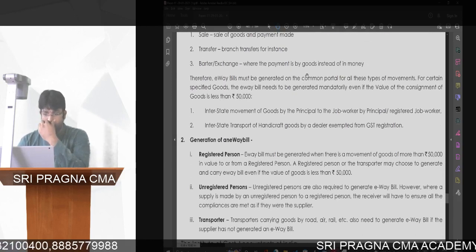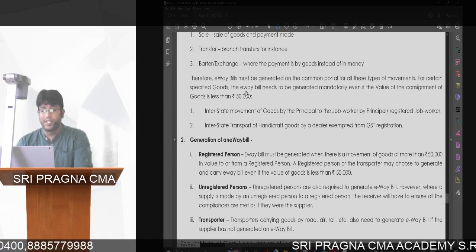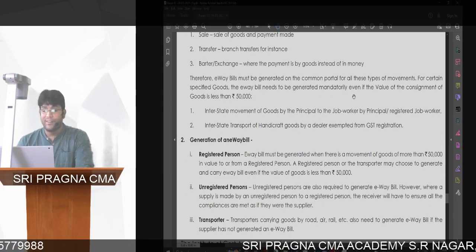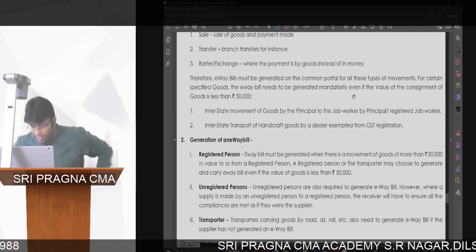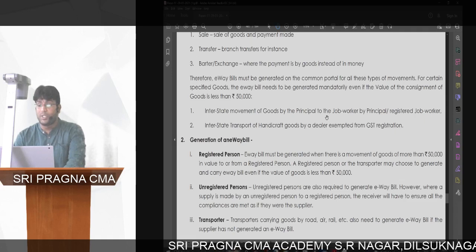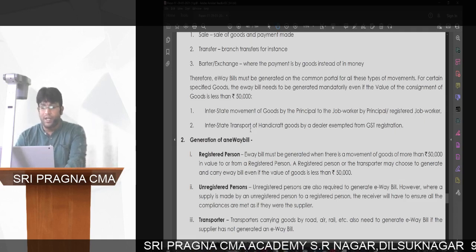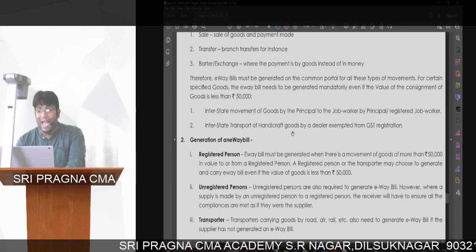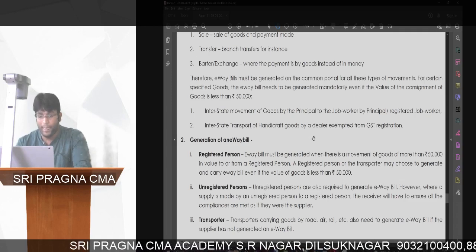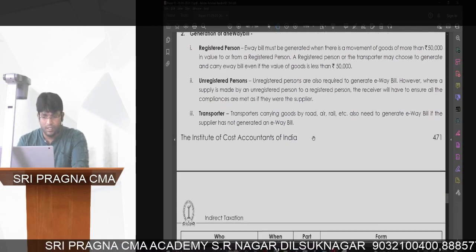This is 50,000. See this line now. For certain specified goods, e-way bill needs to be generated mandatorily even if the value is less than 50,000. What is the first one? Intrastate movement of goods by principal to job worker. Second, intrastate transport of what goods? Handicraft goods. Alright.